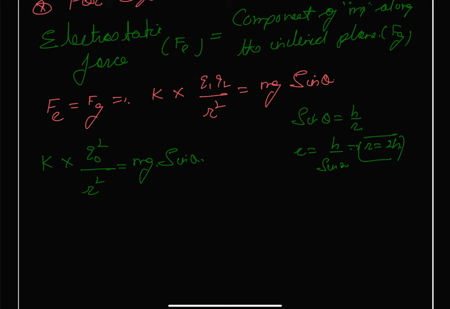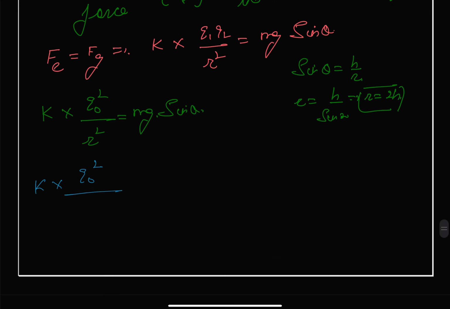So we can just substitute it, and we'll get k multiplied by q naught square, and our r is 2h whole square, is equal to mg multiplied by sine 30, that is 1 by 2.